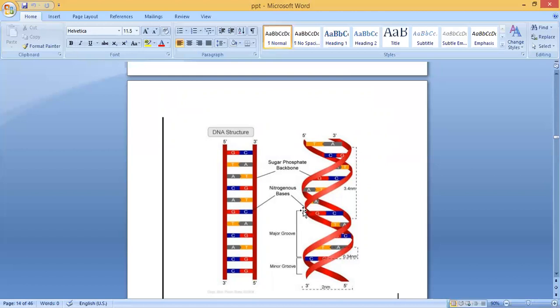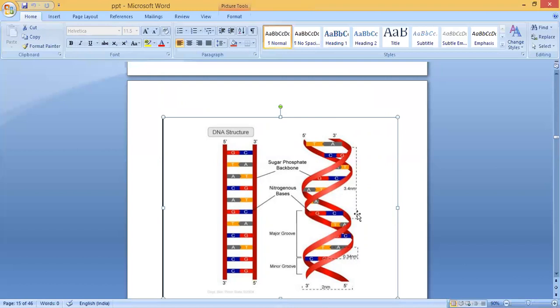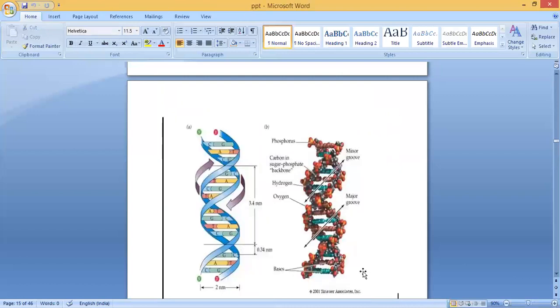This is the major groove. Then these are the twists. Here the distance will be 3.4 nanometer, but the distance between two base pairs is 0.34 nanometer. The distance between the two ends, one the 3' end and one the 5' end, is 2 nanometer.